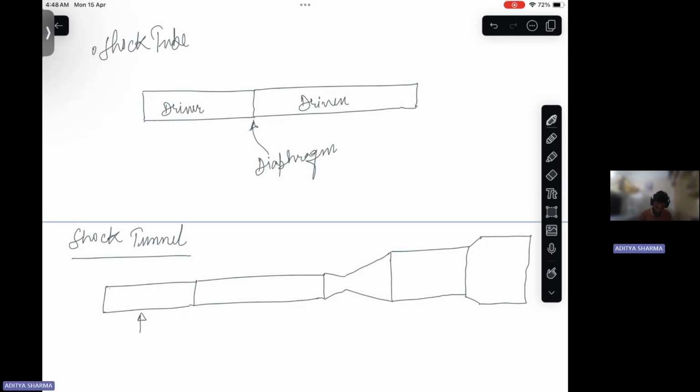So this is our driver section. This is our driven section. This is our CD nozzle. This is our test section.